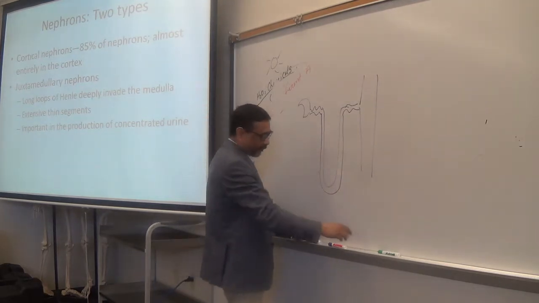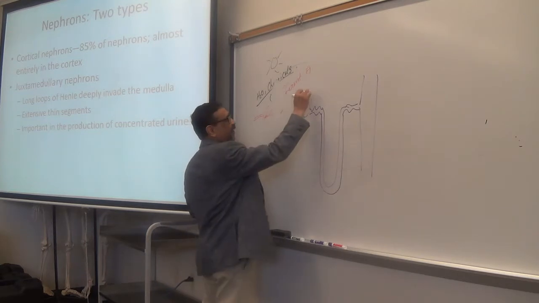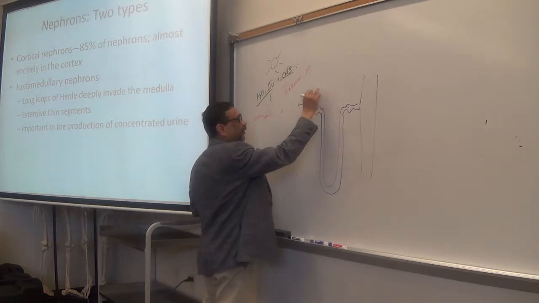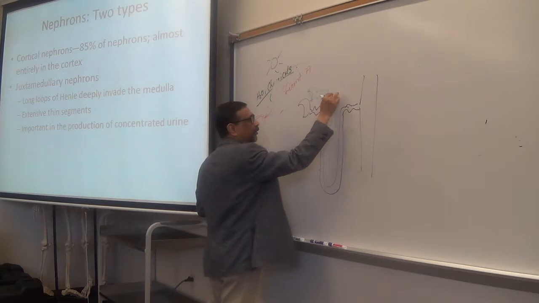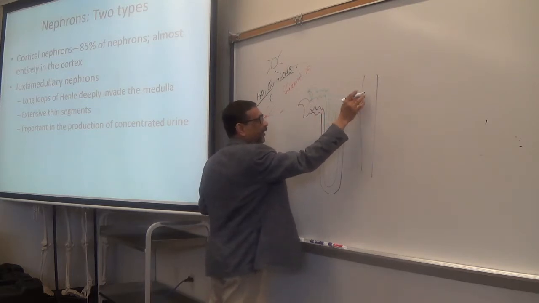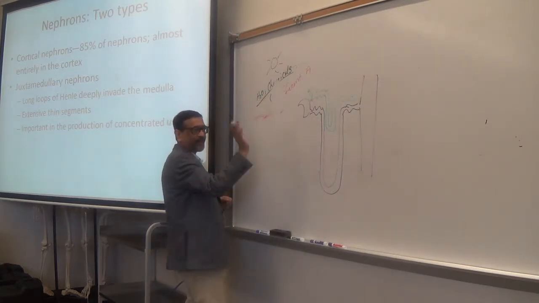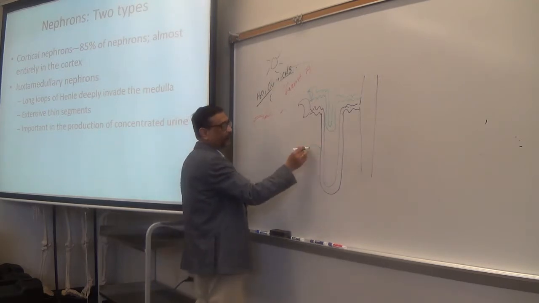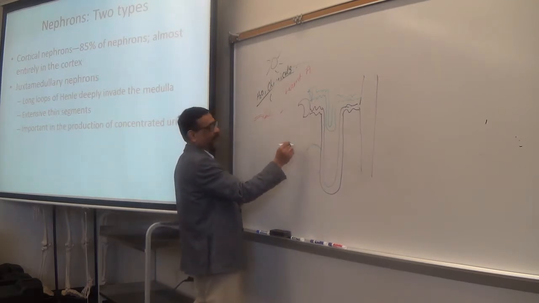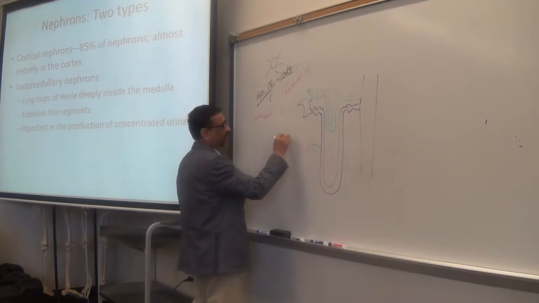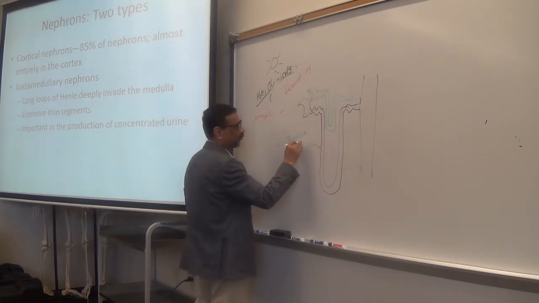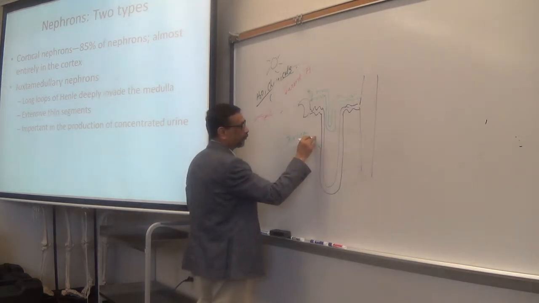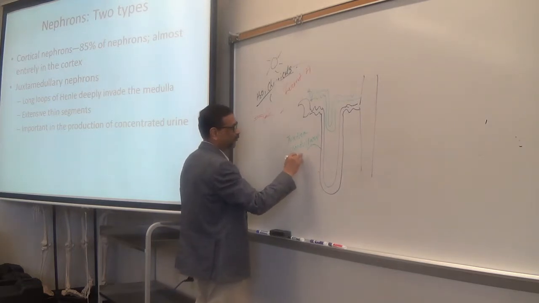This is another type of nephron. See here. This is the proximal convoluted tubule, and this one has short loop of Henle. So these are two types of nephrons. Long looped nephrons are called juxtamedullary nephrons.